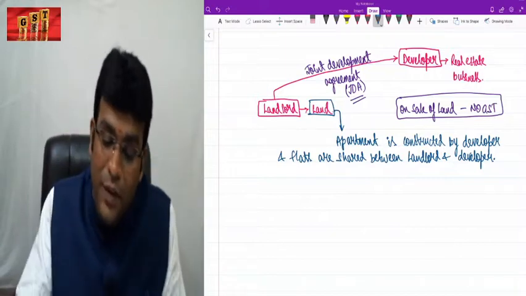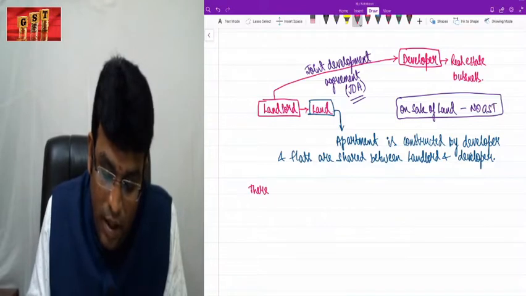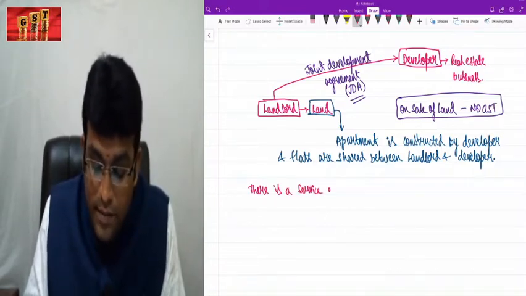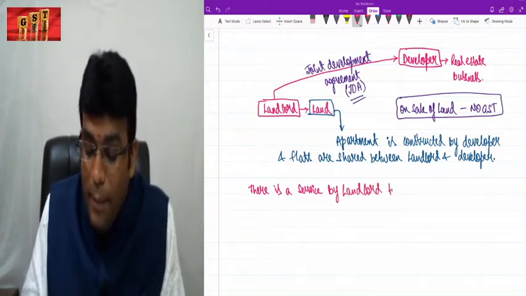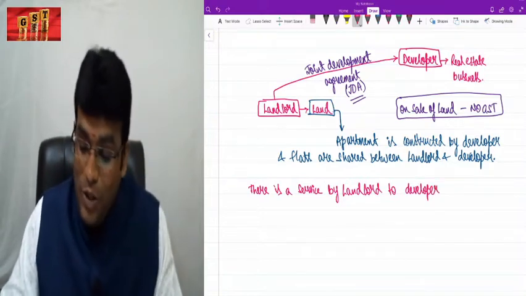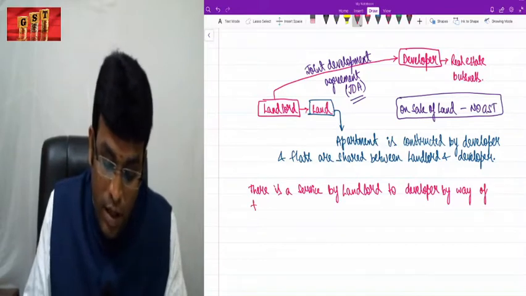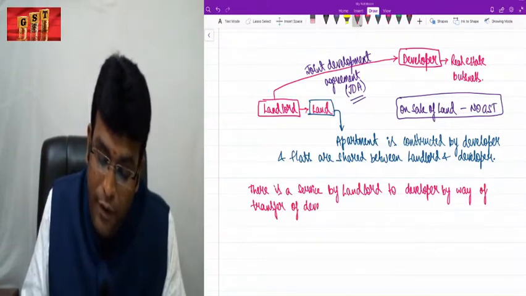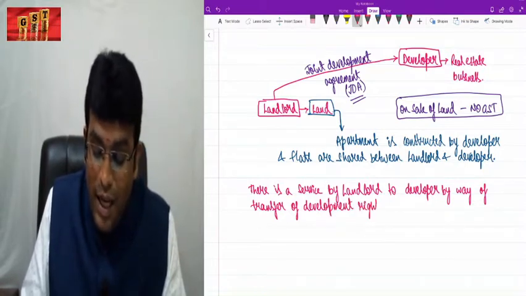Now if you observe carefully, there is a service by the landlord to the developer. There is a service to what, sir? Landlord to developer by way of transfer of development rights. Correct, my dear friends?